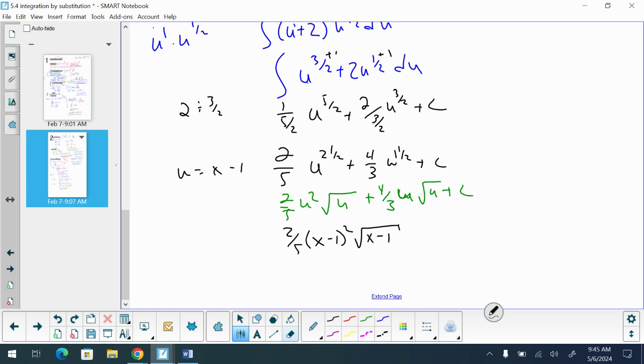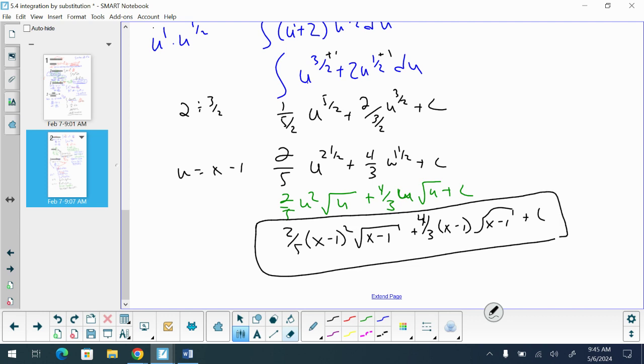We have x minus 1 quantity squared, square root of x minus 1, plus 4/3 x minus 1, square root of x minus 1, plus c.